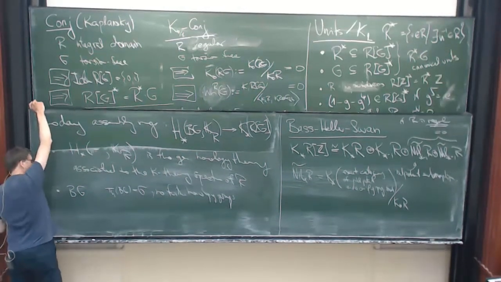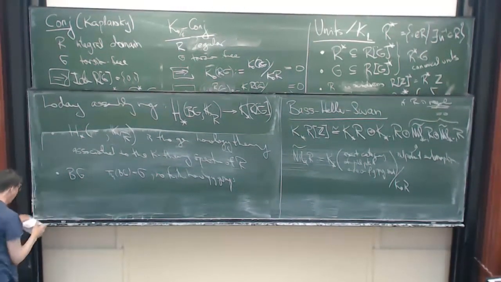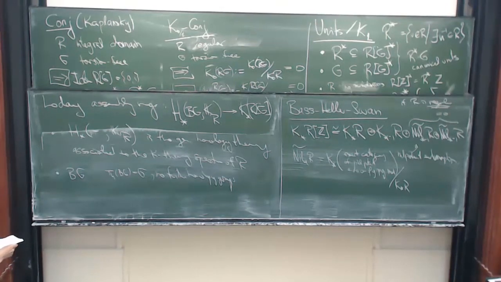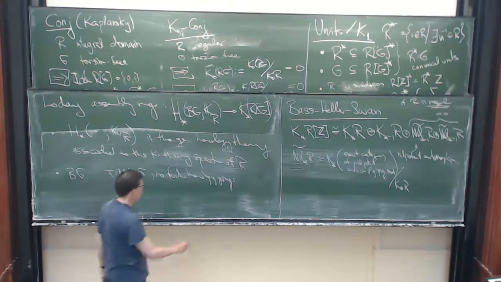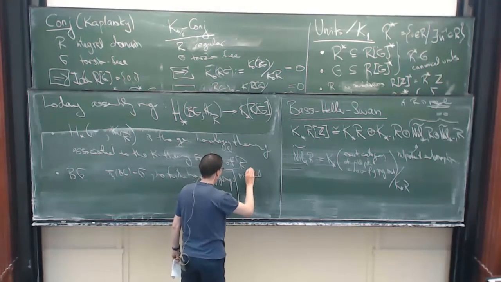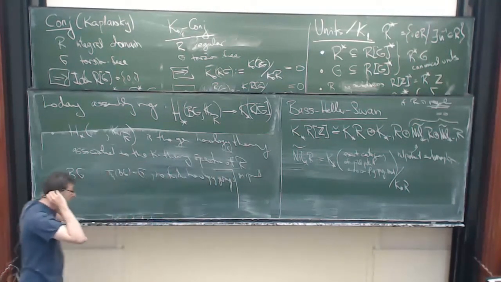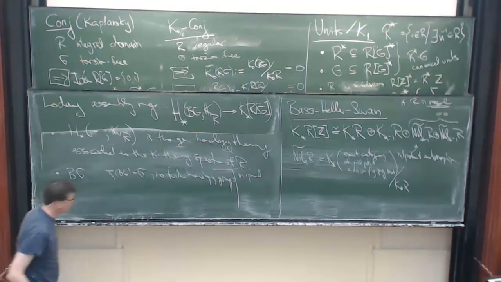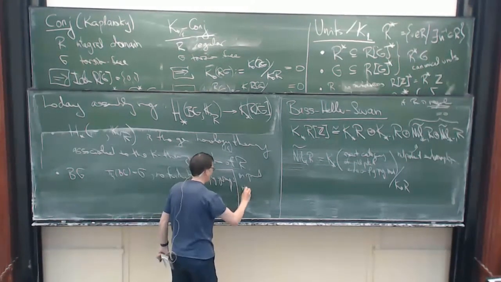Right, in particular, if we use the homology theory associated to the K-theory spectrum, then we know what happens on a point.